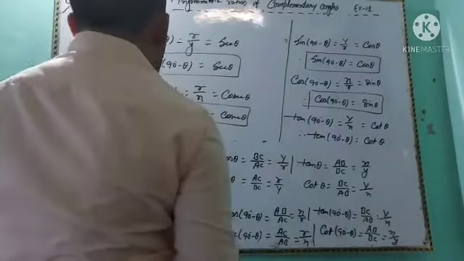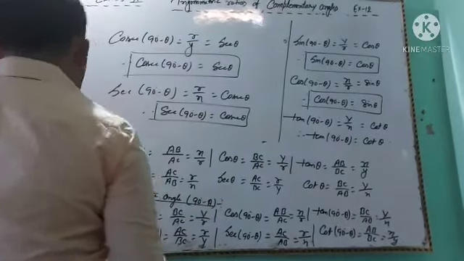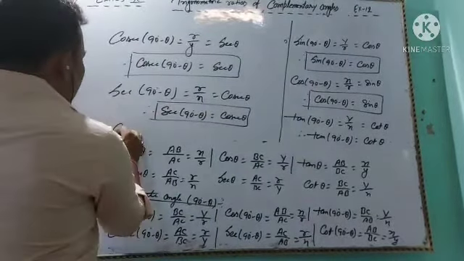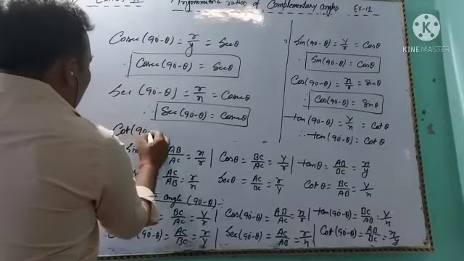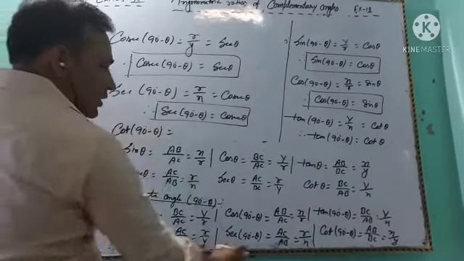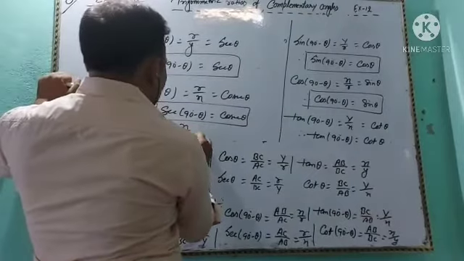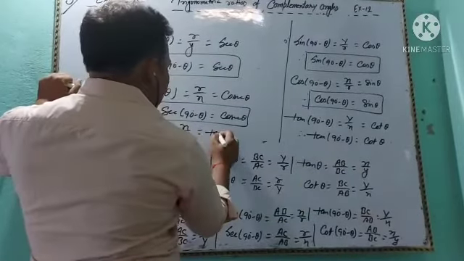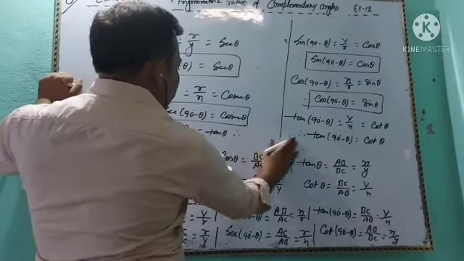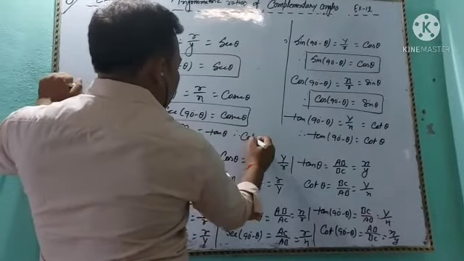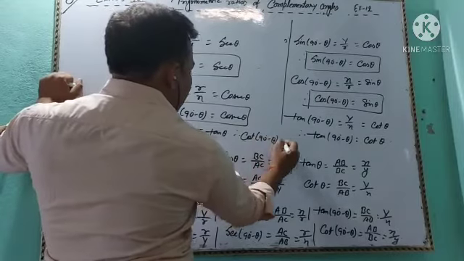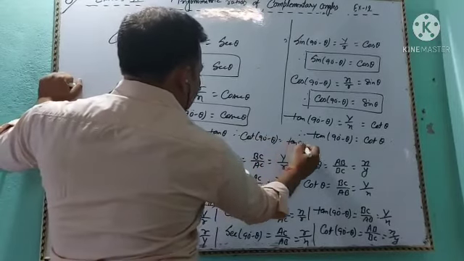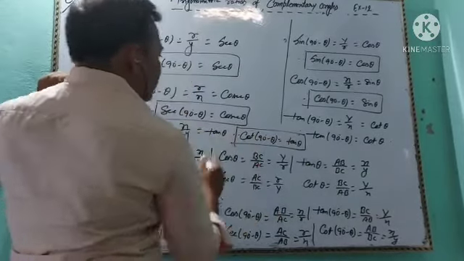Okay, and now cot(90° − θ). Cot(90° − θ) is equal to x by y, and x by y is equal to tan θ. So students, cot(90° − θ) is equal to tan θ.